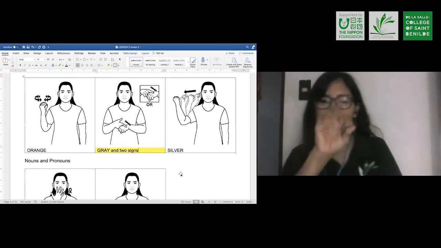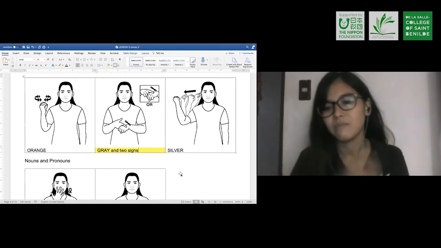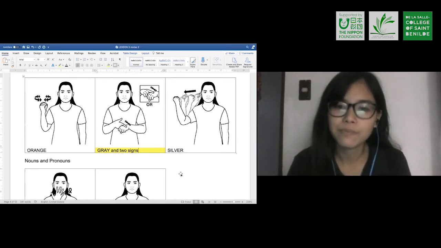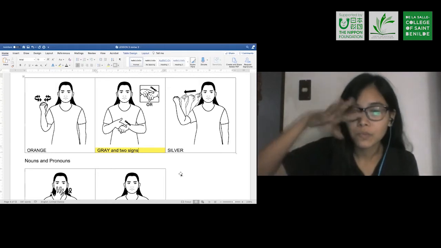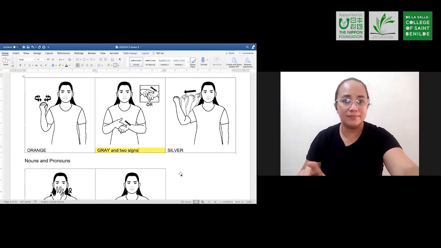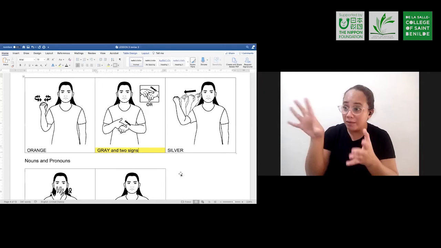We want to be more FSL. Okay, let me show you some examples of the ASL signs where many of these came from, not all, so you can make a comparison.